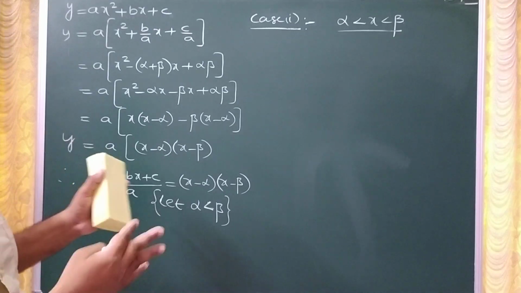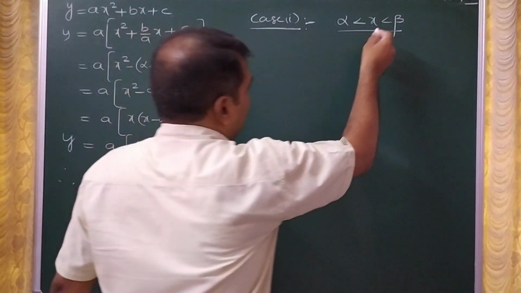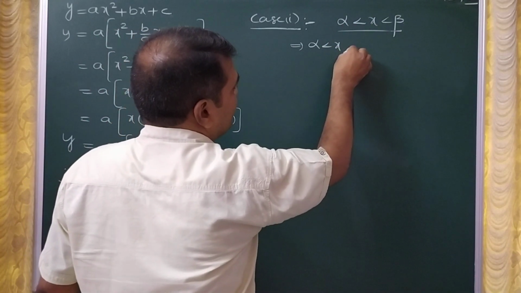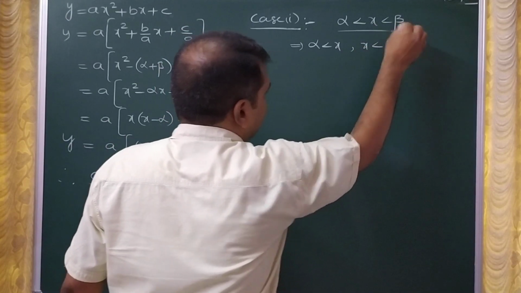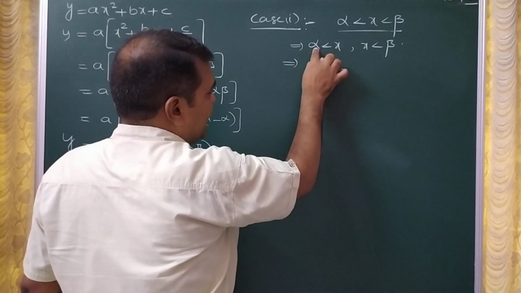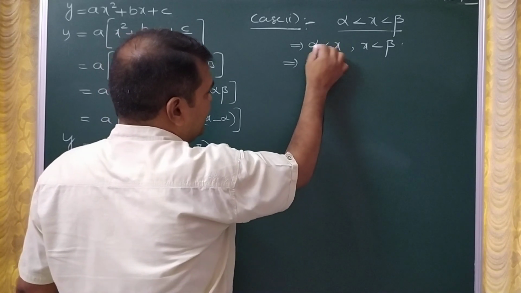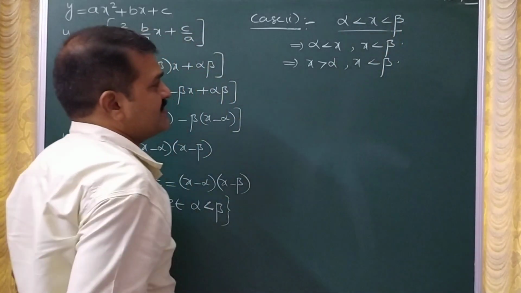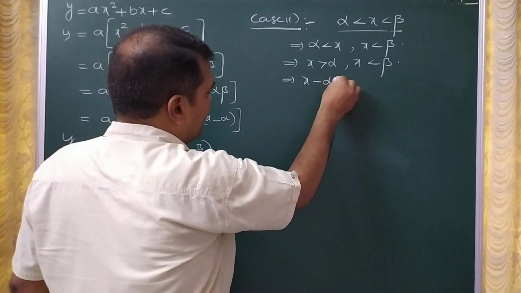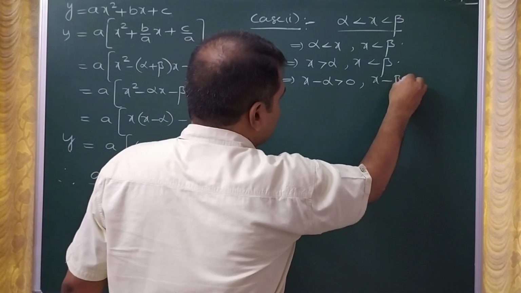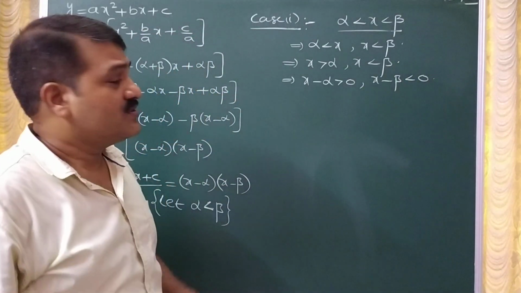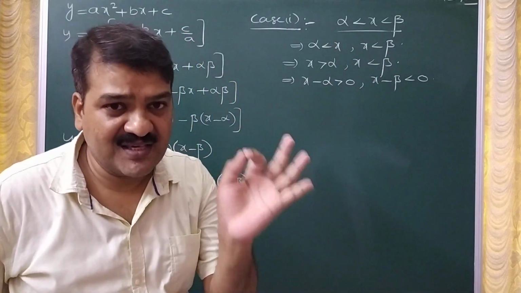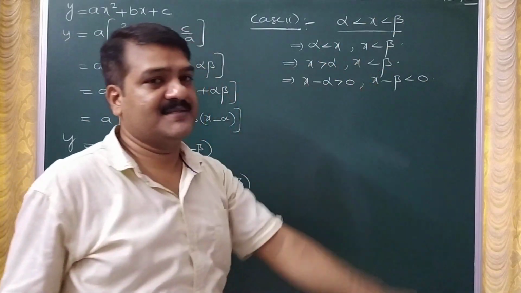This can be written as alpha less than x, x less than beta. Interchanging the terms, the inequality changes: x greater than alpha, x less than beta. So x minus alpha is greater than 0 and x minus beta is less than 0. When we take x between the roots, x minus alpha is positive and x minus beta is negative.